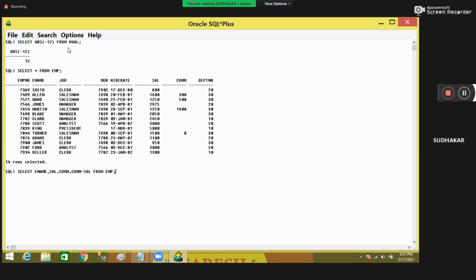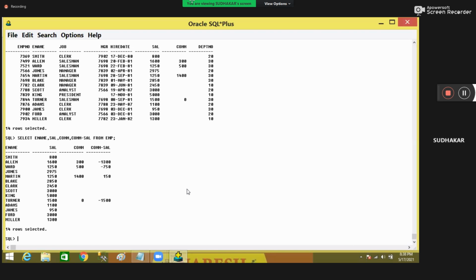These columns are all taken from the EMP table, because only this table has them. Let's execute now. After executing this query, you can see all employee names are displayed here.